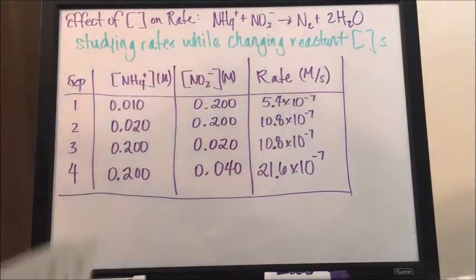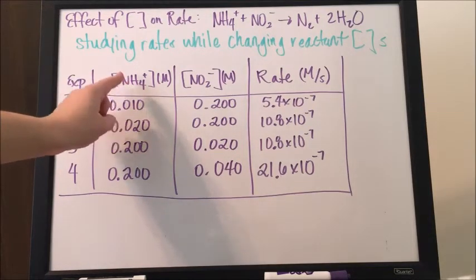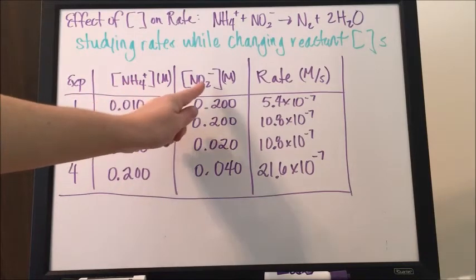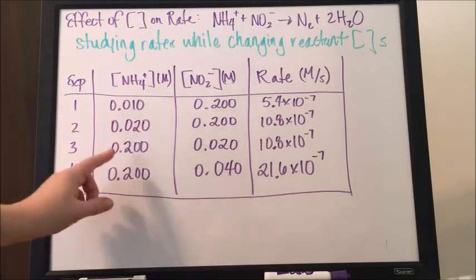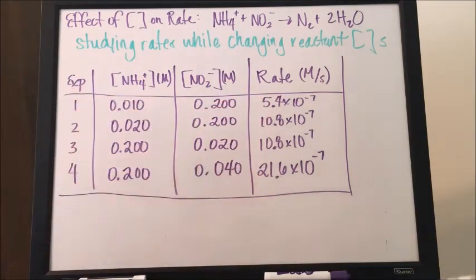Okay, you're going to get very used to looking at charts that look just like this. First you're given a reaction, and that reaction is up on the top. It's written on your paper as well. And then you have this chart. It has 4 experiments, and if you look closely, what they have done is they have taken each reactant and changed its concentration, or in some places kept it the same, and analyzed what happened to the rate.